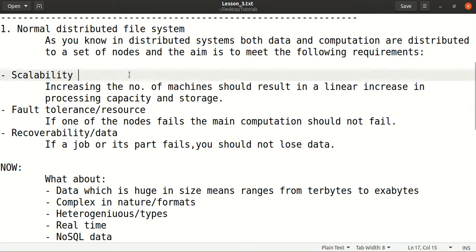For example, if we have 3 servers, we have 3 processors and 3 RAMs. When we increase to 5 servers, we have more CPUs and more RAMs. The size of RAM and the processing capacity are also increased.